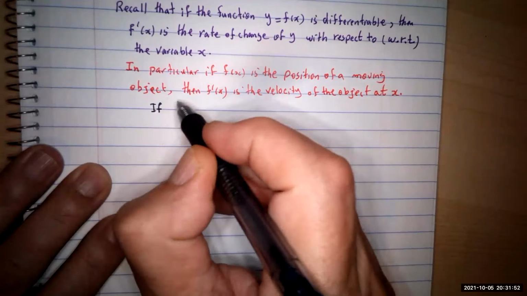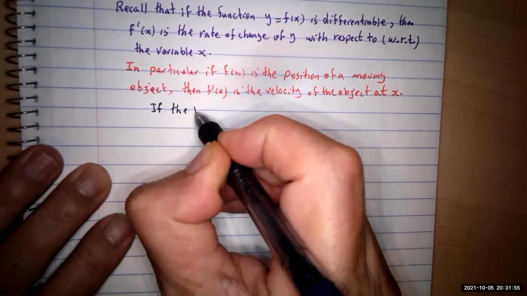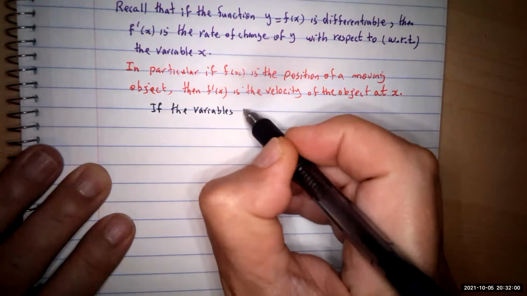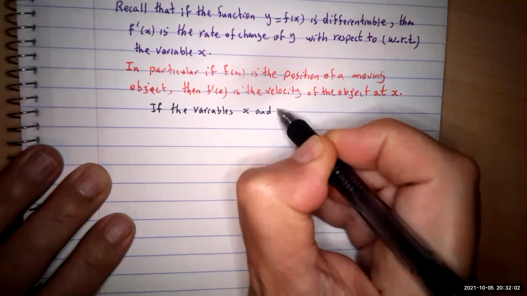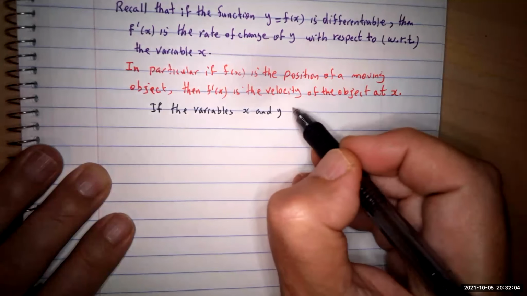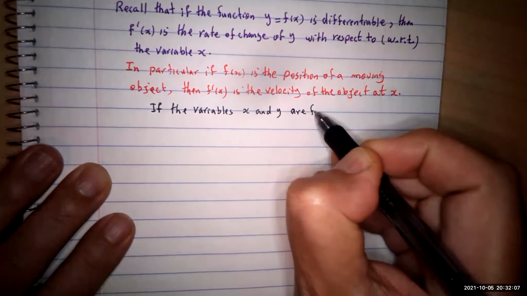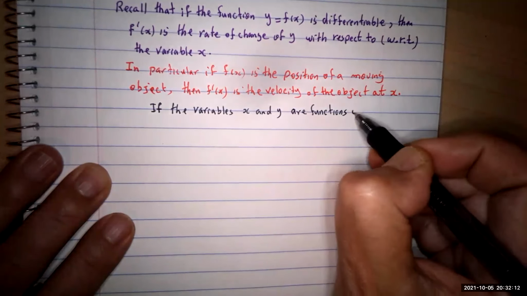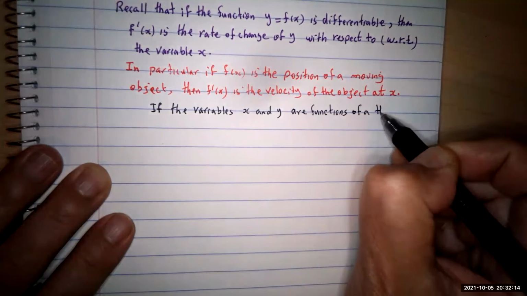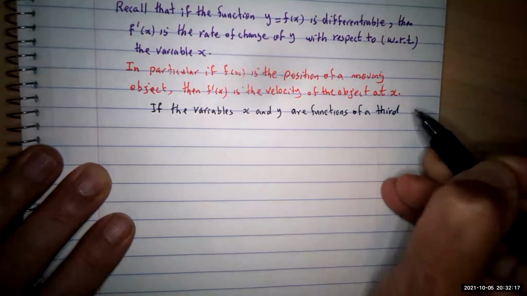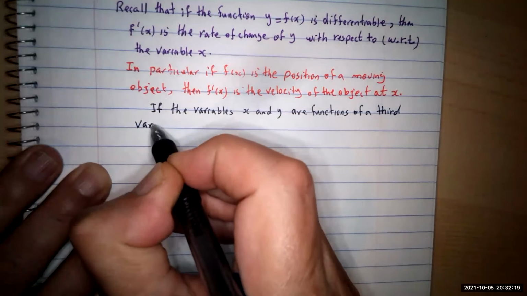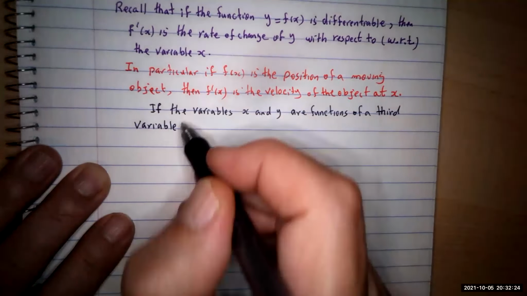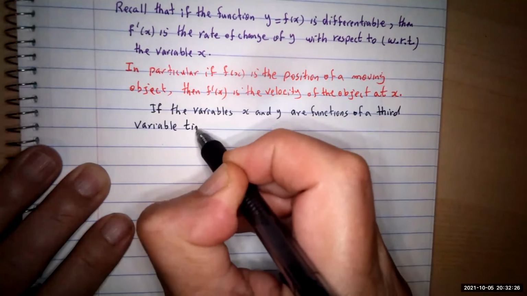If the variables x and y that we've been using are going to be functions of a third variable, that variable is going to be time, t.